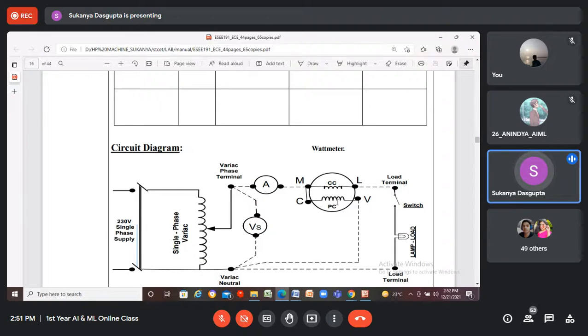So always pressure coil, which determines the pressure or the voltage difference, will be having more number of turns, and the current coil will be having lesser number of turns. Generally it is connected in series with the lines because it's measuring the current, right?